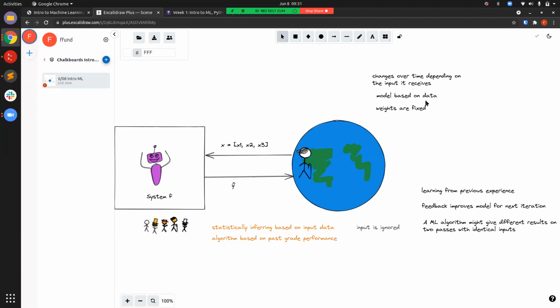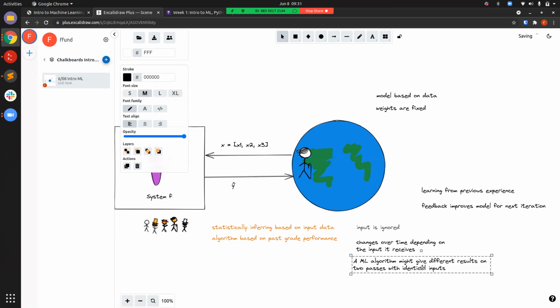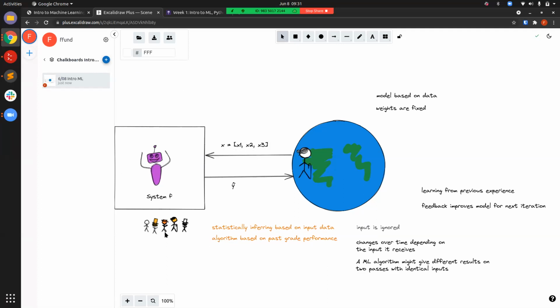Okay, let's see. Changes over time depending on the input it received, or giving different results on two passes with identical inputs. Braden asked, does the training not count as input? So here we're specifically differentiating between the input for the current sample and maybe some other stuff that it has, like here.